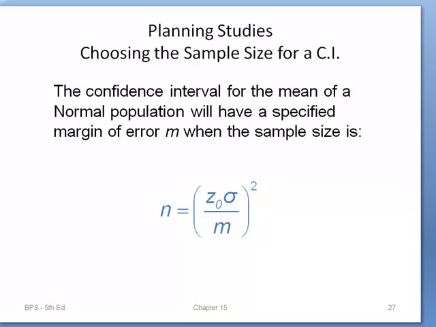The sample size equals Z0 times sigma divided by the margin of error, and we're going to square that quotient. So you will not get an integer when you do this. Therefore, for your sample size, you need to go to the next greatest integer. So even if my answer was 12.01, I would need a sample size of 13 in order to get that particular confidence level with that particular margin of error.